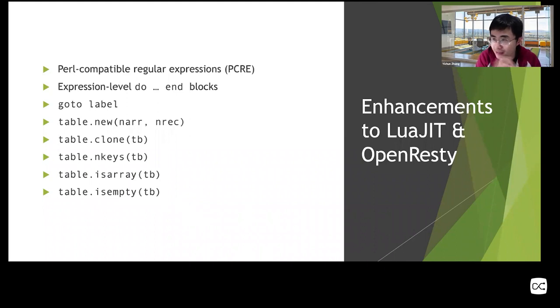I mentioned that function closures are very flexible and very powerful in Lua for generating code. So this is for the target language, by the way. But it has a drawback, because you have to create a closure, right? A closure is expensive.